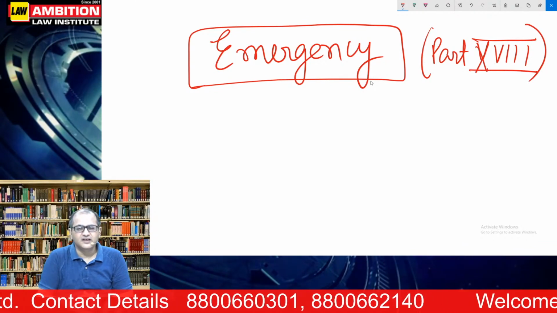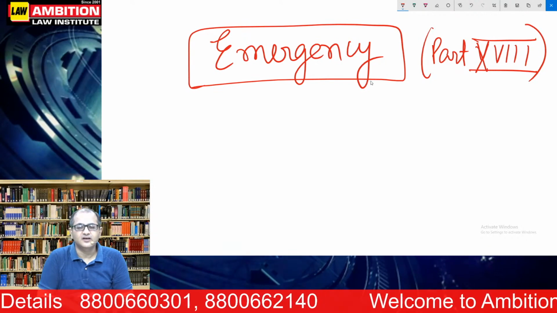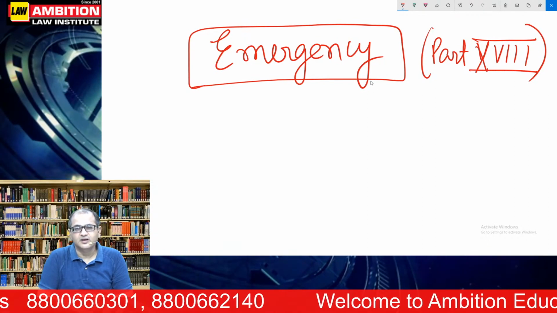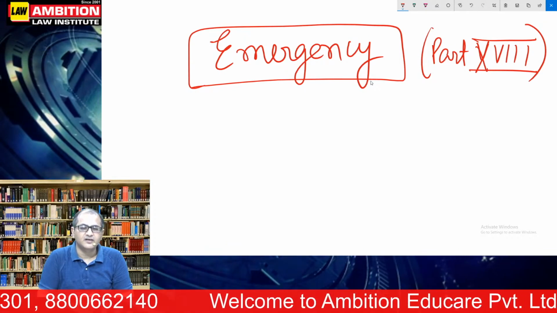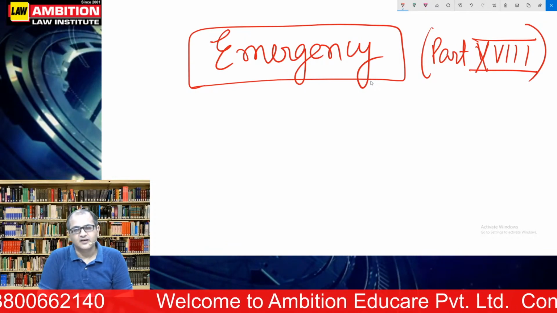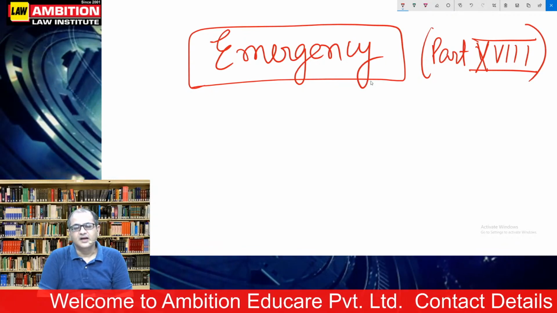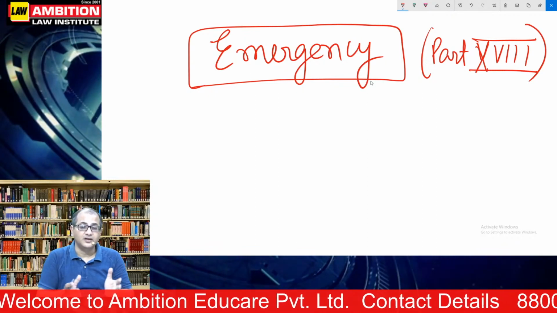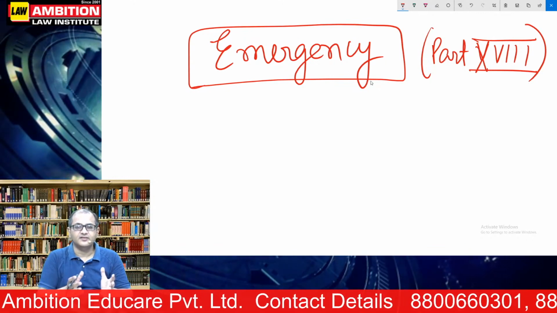Whenever we see that there is any issue affecting the whole nation, the whole country, it is always in favor of federalism that center and state should work hand in hand. And that is why they have been given power also. Article 1 also says India, that is union of states.